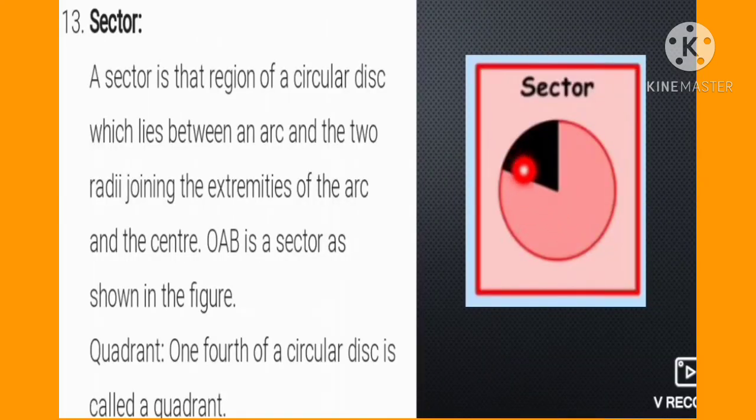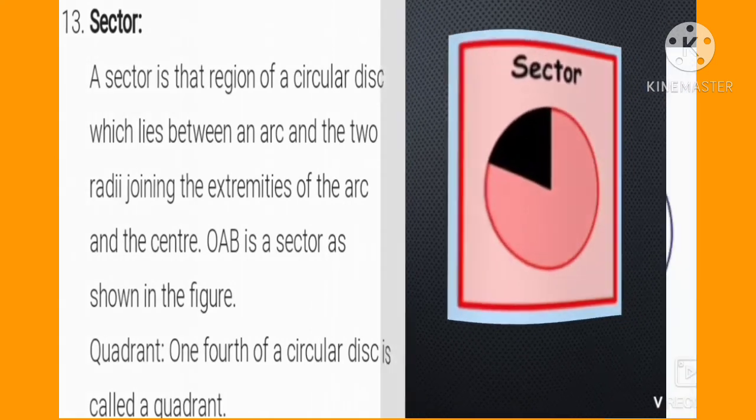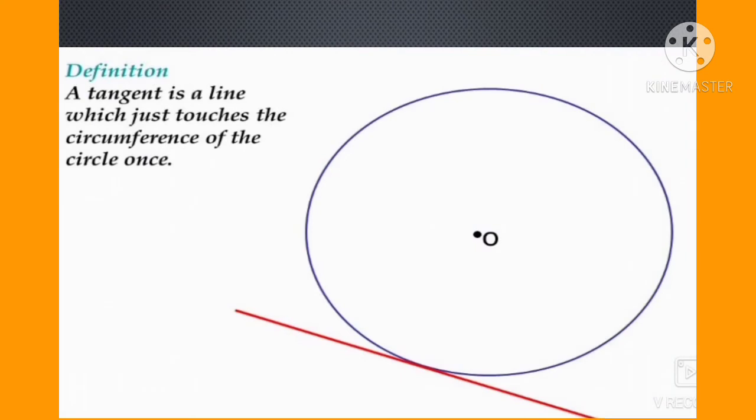Sector. A sector is the region of a circular disc which lies between an arc and the two radii joining the extremities of the arc and the center. OAB is a sector as shown in the figure. Tangent.